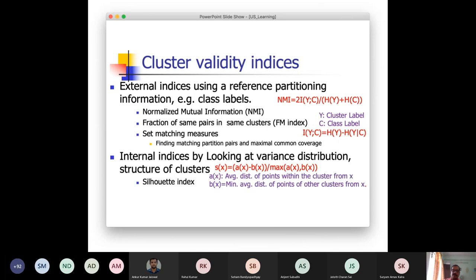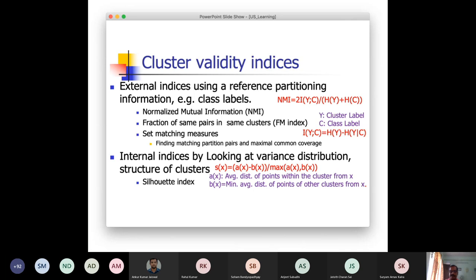Let us understand. A(X) here is the average distance of points within the cluster from X. You consider a data point X, and with respect to the partition, you know which cluster it belongs to, and then compute the average distance of points within that cluster from it.